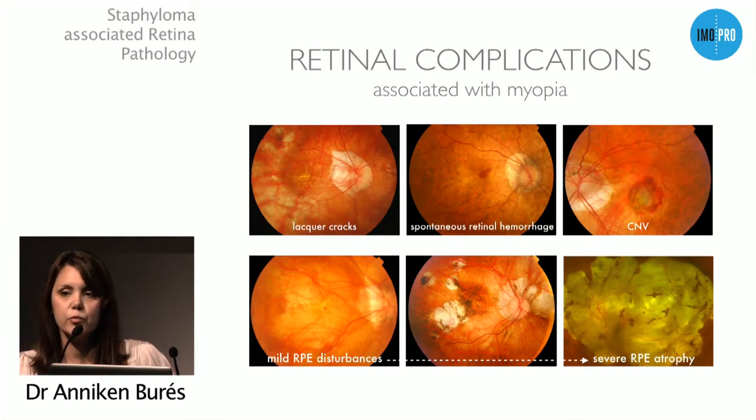So regardless of the presence or not of a staphyloma, we know that highly myopic eyes are more prone to retinal complications, and macular complications are especially common, and they tend to be directly associated with a progressive retinal thinning that occurs due to a staphyloma at this area.